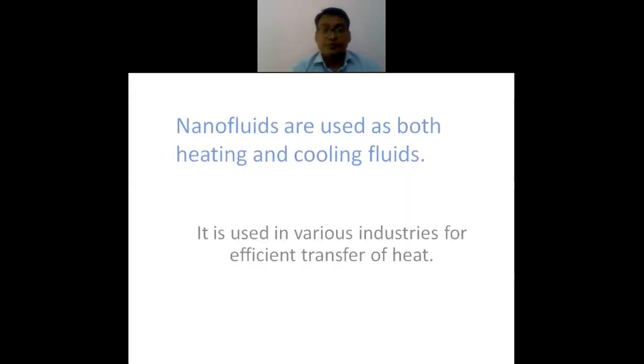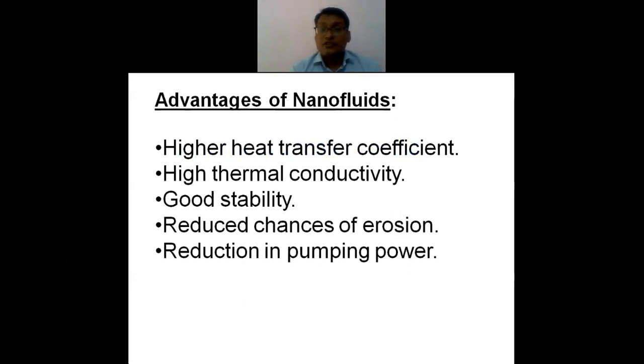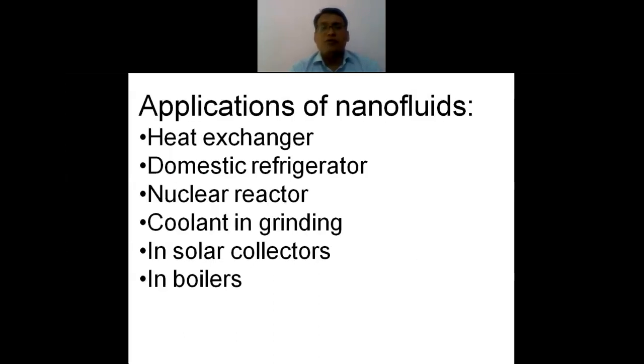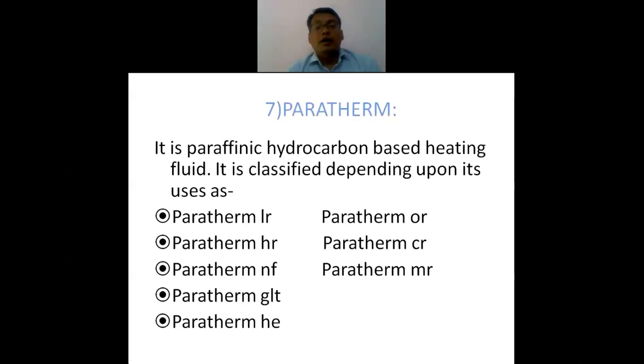However, they have higher heat transfer coefficients, high thermal conductivity, good stability, reduced chances of erosion, and reduction in pumping power. These are some of the advantages. Applications are in heat exchangers, domestic refrigerators, nuclear reactors, coolant in grinding, solar collectors, and boilers.